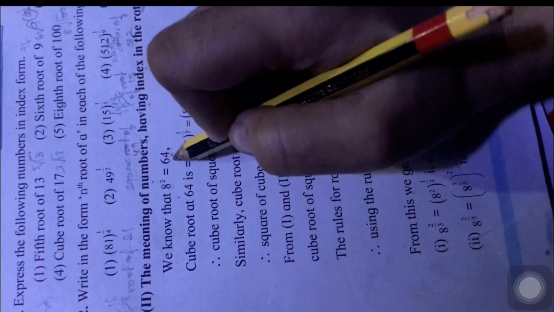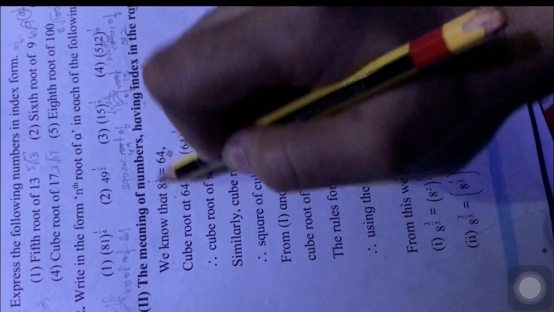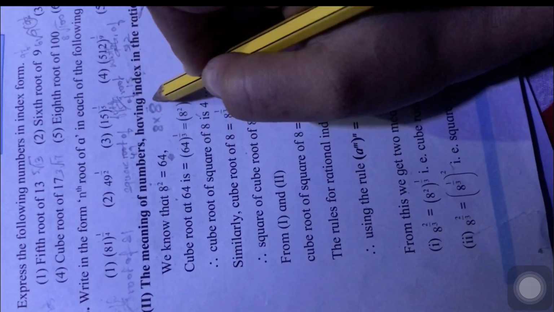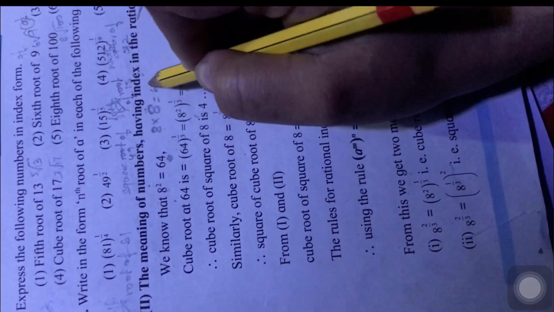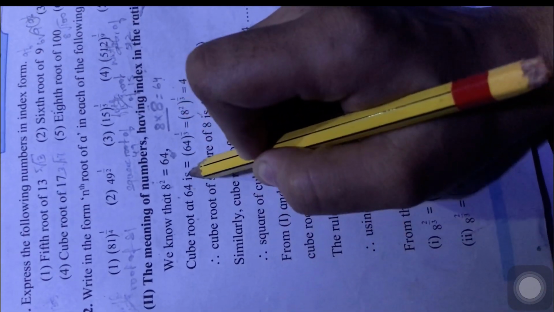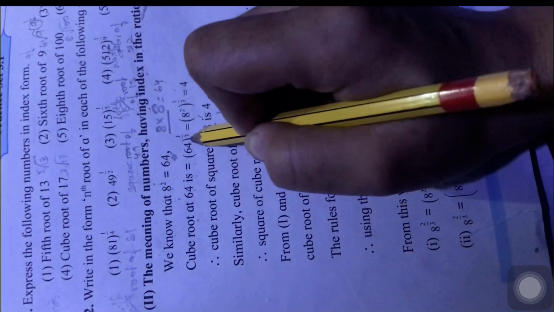Now students, we know that 8 square is equal to 64. 8 square means 8 into 8, that is 8 eights are 64. Now the cube root of 64 is equal to 64 raised to 1 upon 3.